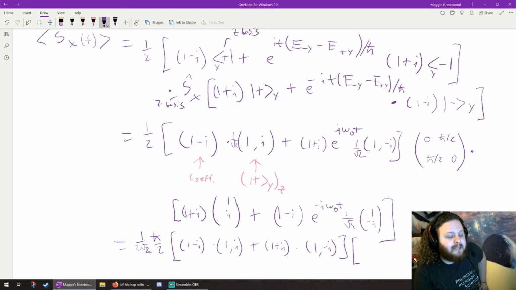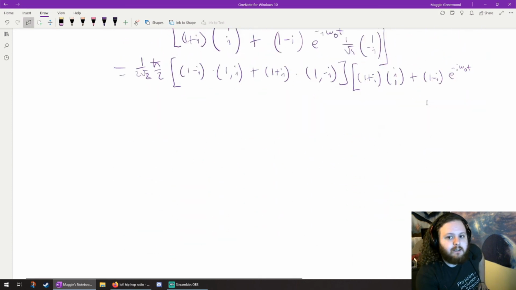And then what Sx is going to do is swap the two components, and so I can write that down as 1 plus i is the coefficient, i 1 becomes the vector, and 1 minus i e to the minus i omega t is the coefficient, which you can't even see because I need to scroll up.